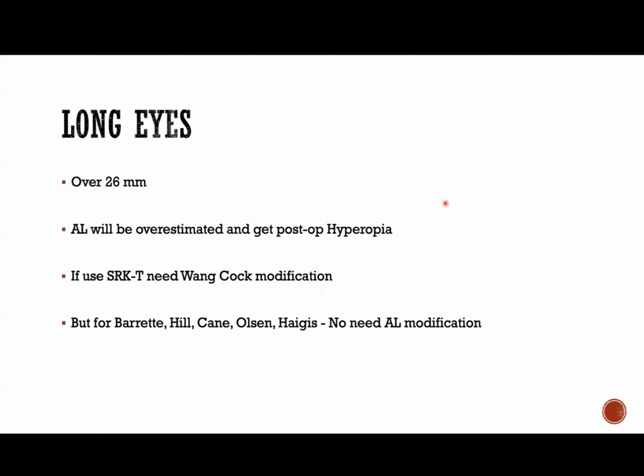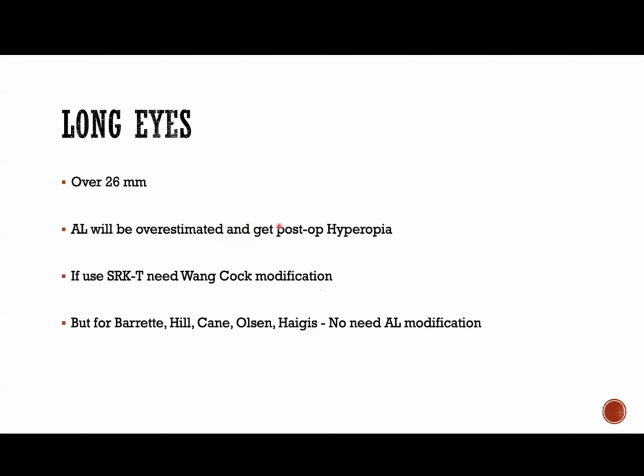Okay, now coming back to the formulas again. If you use them for long eyes or short eyes, long eyes is over 26. So there's a problem of actually calculating the axial length. Once you do the axial length measurement, it will be overestimated. If it is a long eye, axial length will be overestimated.